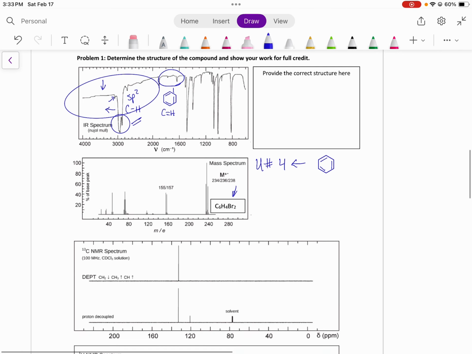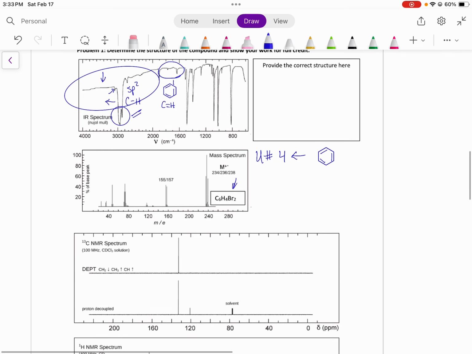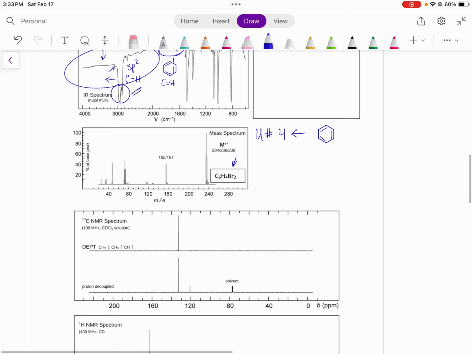So that's all we're really going to find from this IR spectrum, because bromine doesn't show up in the visible spectrum. It shows up like over here at about 450 inverse centimeters.